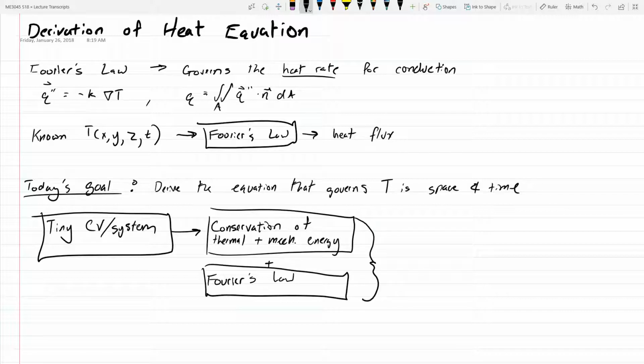These two things are going to be combined with a first-order Taylor series to approximate nearby values, and what we'll get out is finally the heat equation.